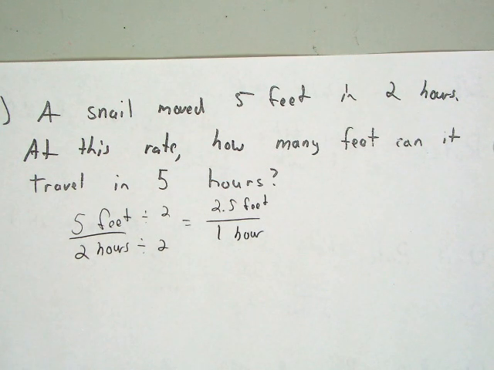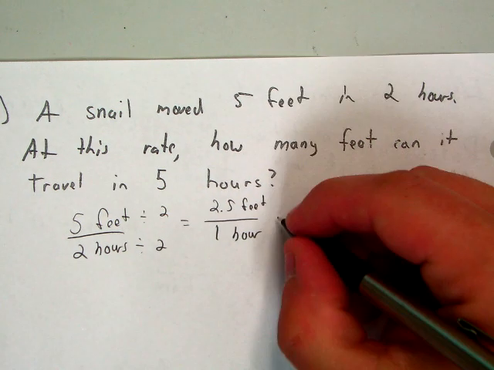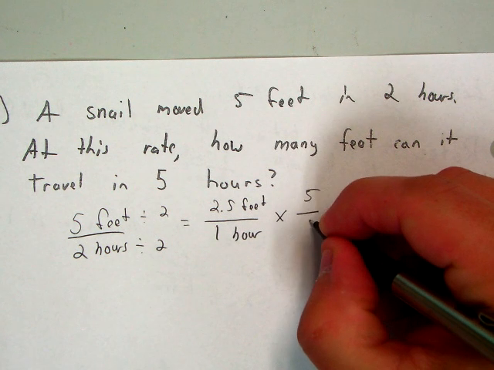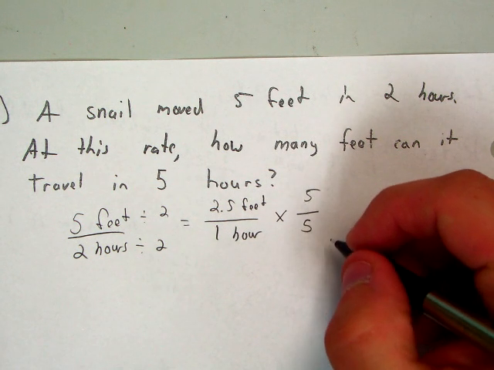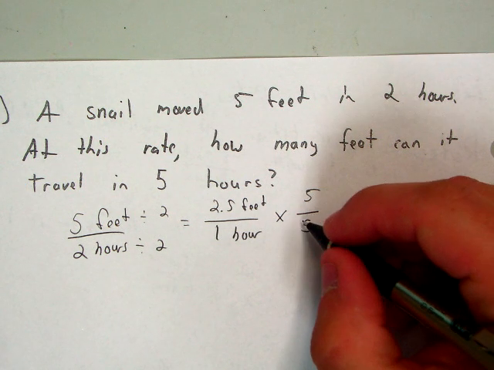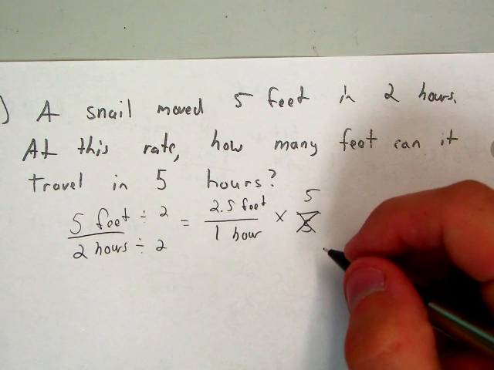So now the question comes in, well, if I know how many it is for 1 hour, what is it for 5 hours? So I'm going to multiply this by 5, not the denominator, just the numerator.